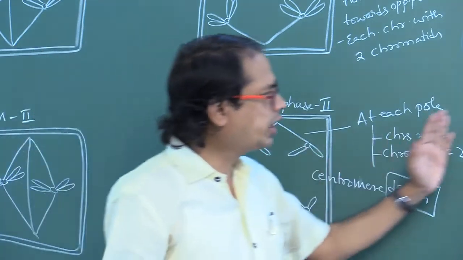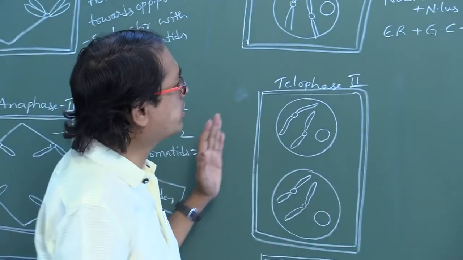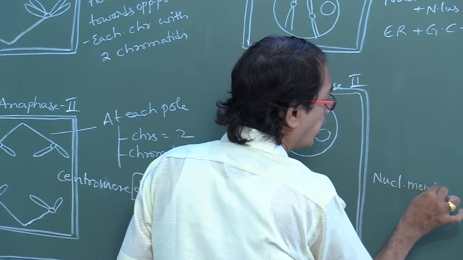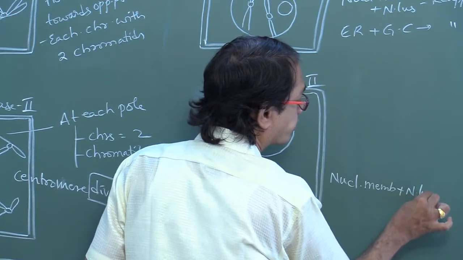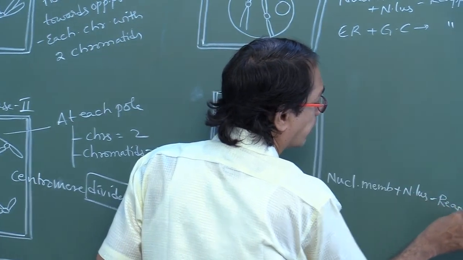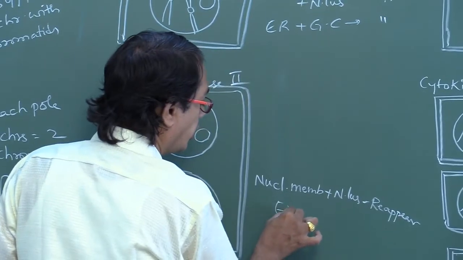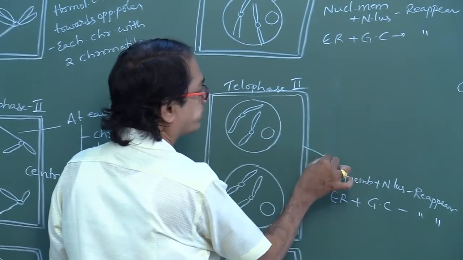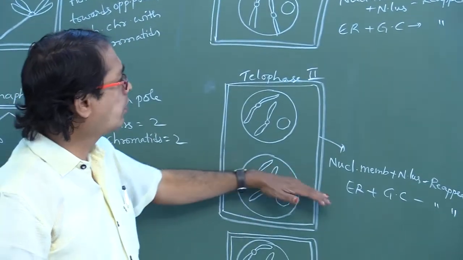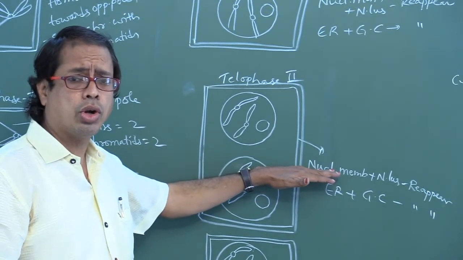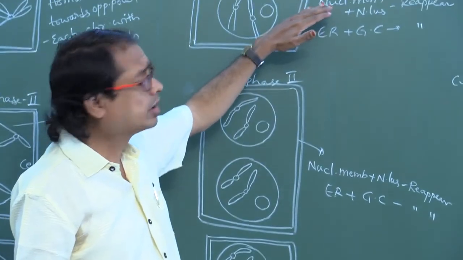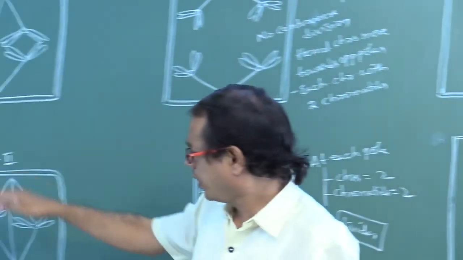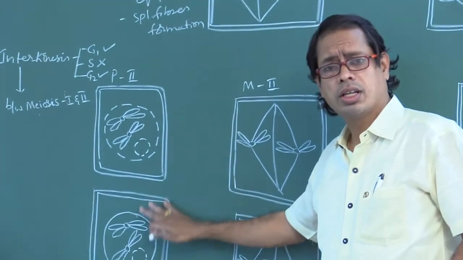Okay. Next, go to telophase. Telophase means the nuclear membrane and nucleolus reappear, and ER and GC reappear. Overall, how many times do the nuclear membrane and nucleolus disappear?